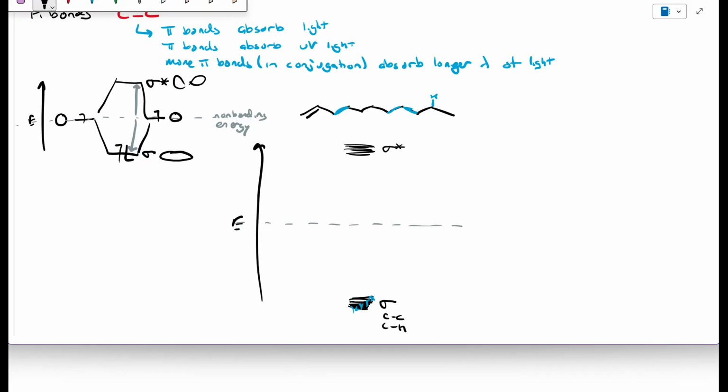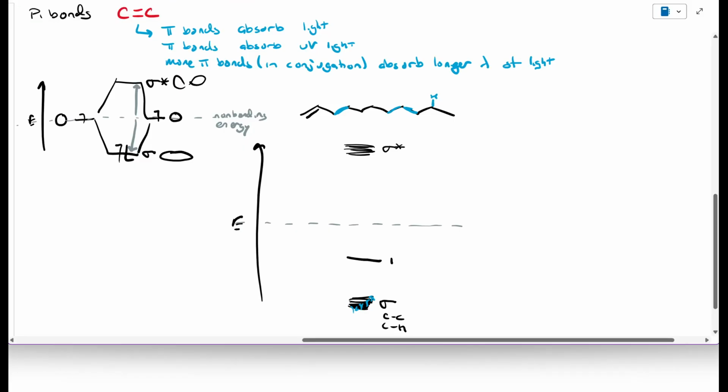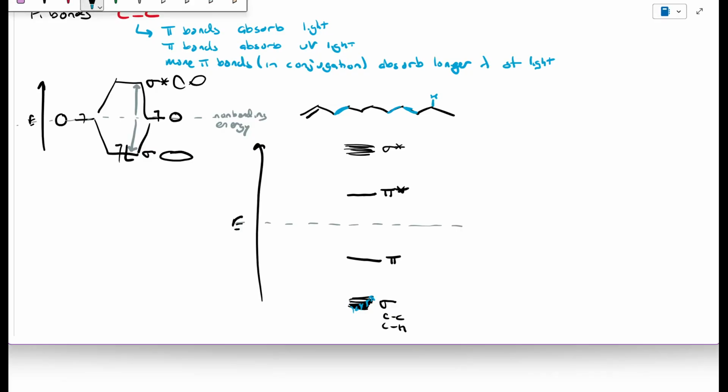What you need to know is that pi bonds are higher in energy than sigma bonds. So where would the pi star orbital be? The orbitals are symmetric about the non-bonding level, so if the pi bonding orbital is higher in energy, then the pi star antibonding orbital must be lower in energy. And the electrons in this pi bond are here in the pi bonding orbital.